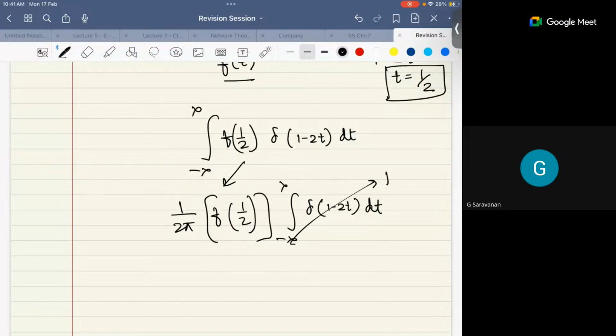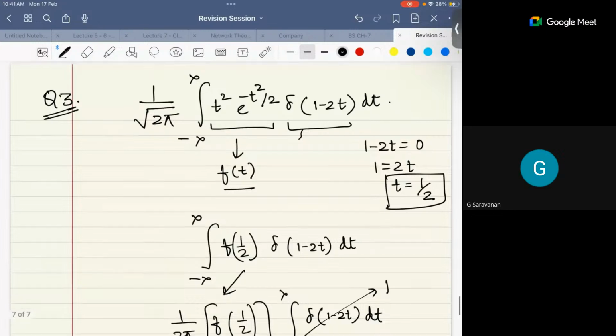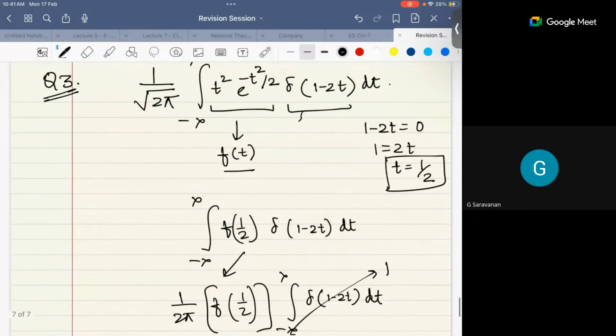If you put the value half in f(t), you'll get 1 by 2 whole squared times e to the power minus (1 by 2) whole squared by 2. Is this correct or am I doing anything wrong?